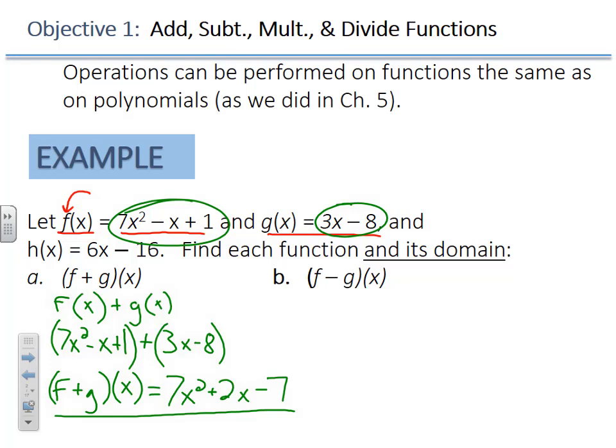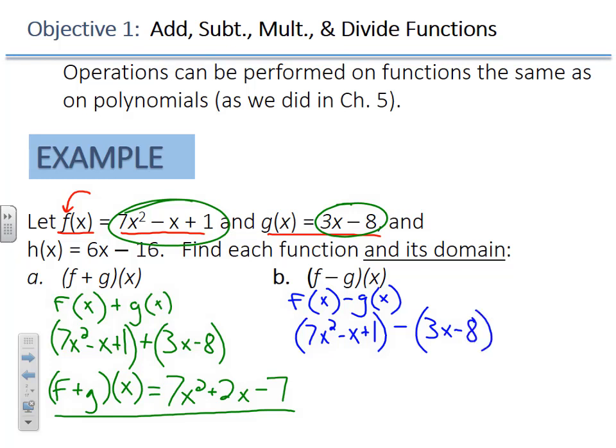Similarly, we can subtract functions. F minus g of x would simply be the function f of x minus g of x. Pretty intuitive, so we're going to take our function f of x, 7x squared minus x plus 1, and we're going to subtract from that g of x, which is 3x minus 8.